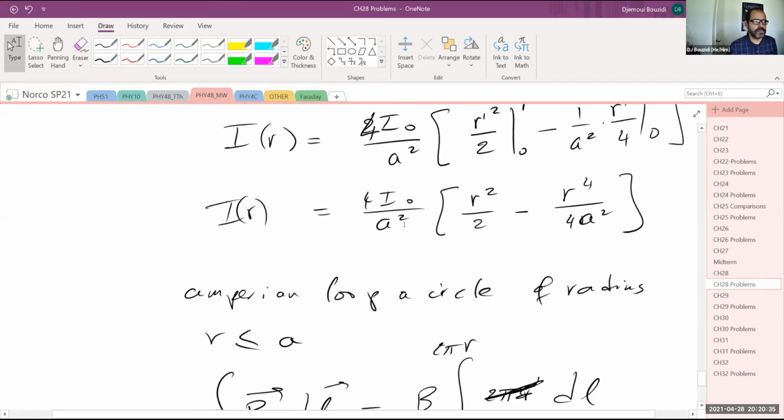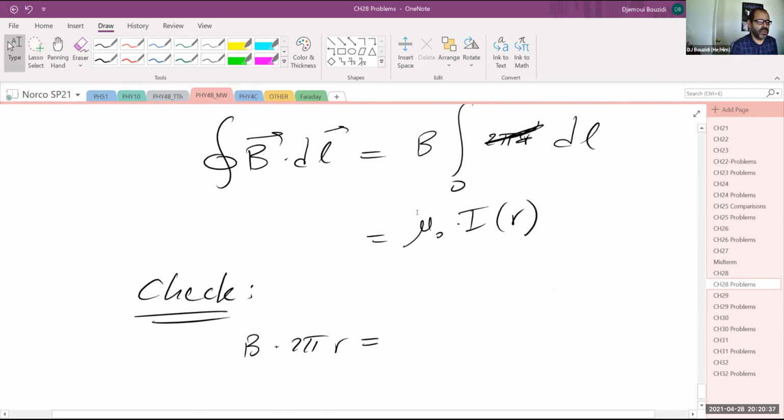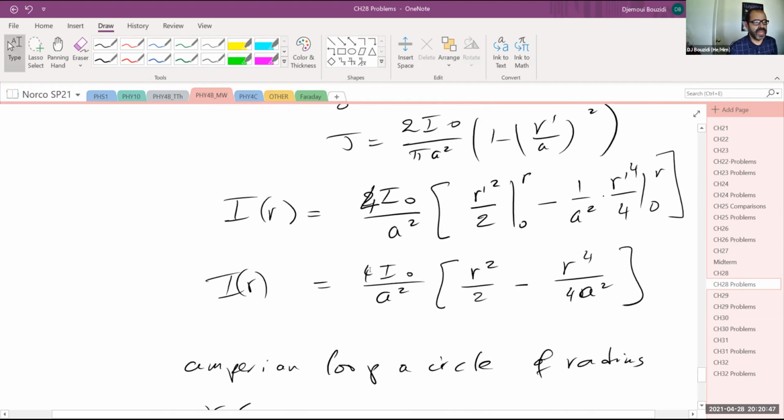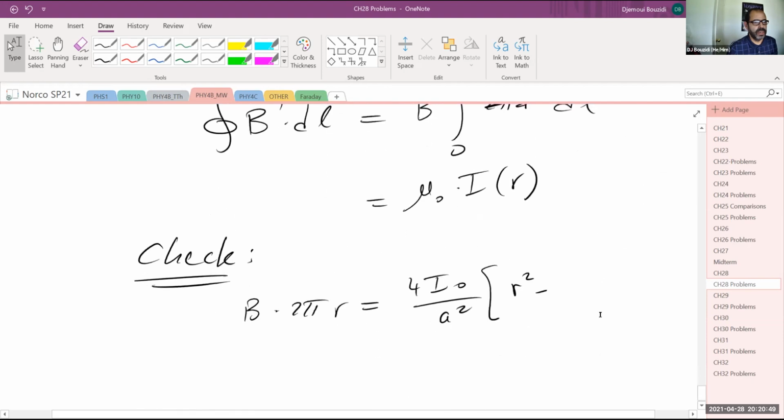So it's 4 I naught over A squared times open parentheses R squared over 2 minus R to the power 4 over 4A squared. I should really have gotten rid of that 2 because I have a 4 in here. Now we should fix this issue as well.